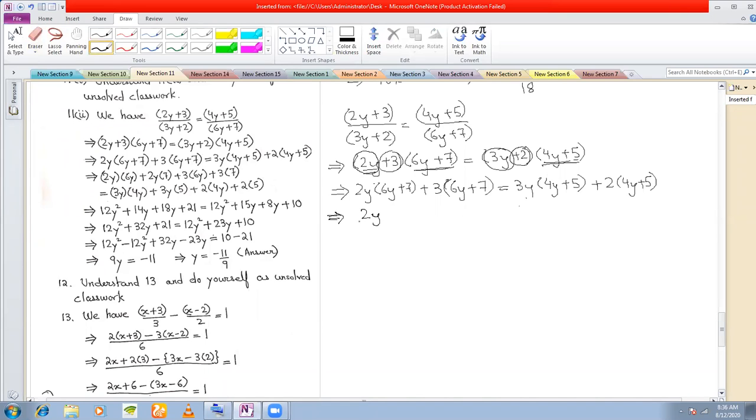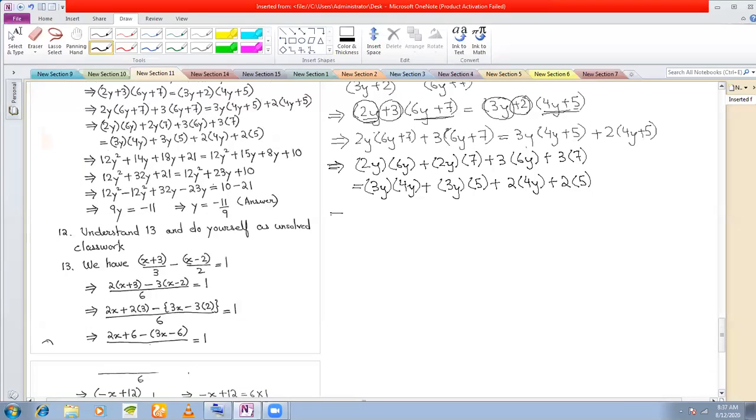So you have plus 2y into plus 6y, plus 2y into plus 7, plus 3 into plus 6y, plus 3 into plus 7, is equal to 3y into plus 4y, plus 3y into plus 5, plus 2 into 4y, plus 2 into 5.